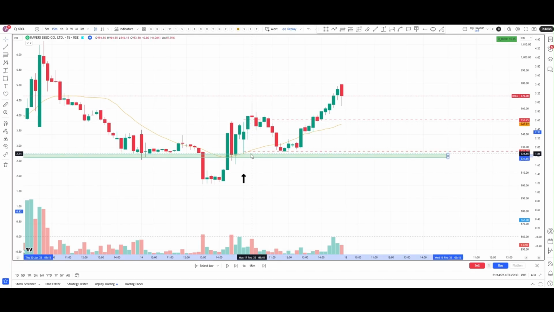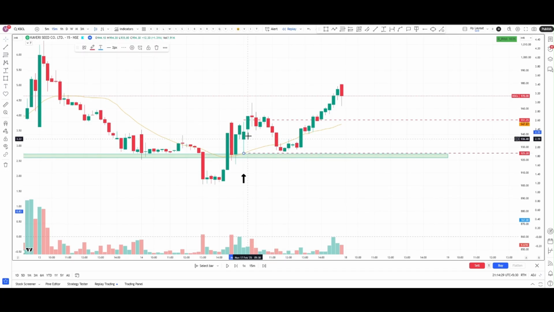So what did I do? I entered around the high of this candle, on this 9:30 candle at this place, and my stop loss was placed at the low of the 9:15 candle, which is the first candle. So this is where my stop loss was, and this is where my entry was.